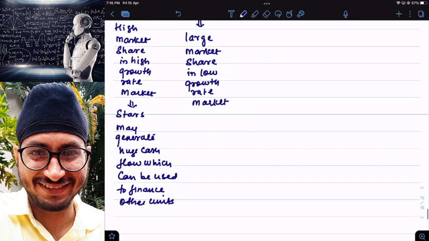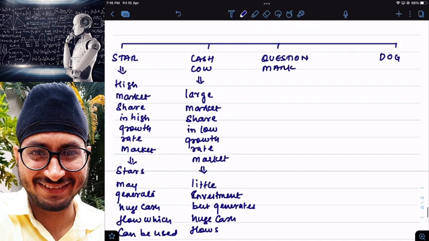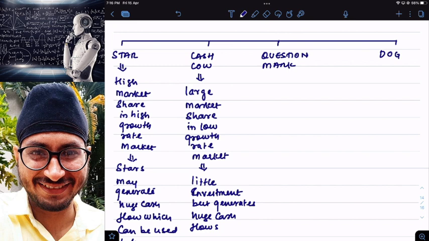Cash cow. It requires little investment, but generates heavy cash flows. The investment required is very less, but it is able to generate a huge amount of revenue for a company.